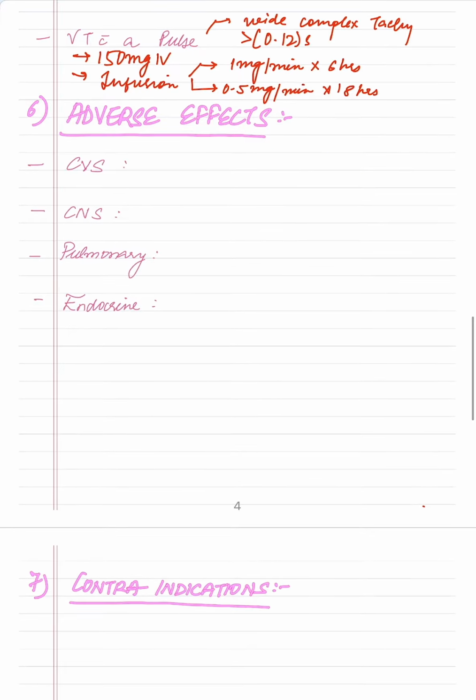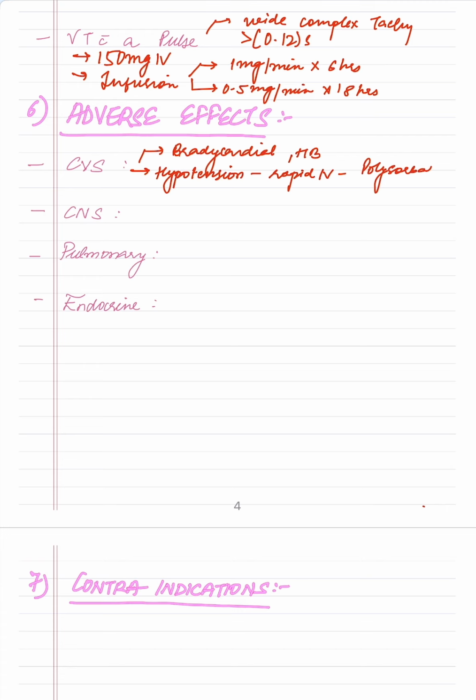Moving on to the adverse effects. In CVS, it may cause bradycardia, it may cause heart blocks, it may lead to hypotension. This usually happens on a rapid IV injection of amiodarone and is usually because of the stabilizer that is used, that is the polysorbate 80.